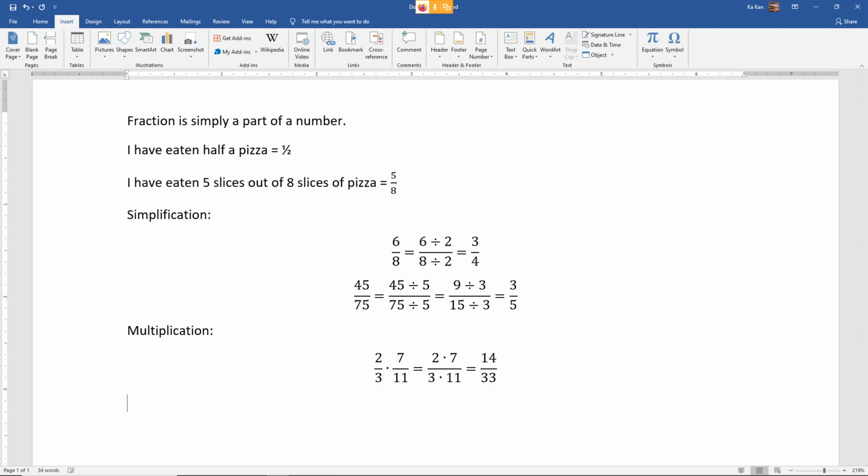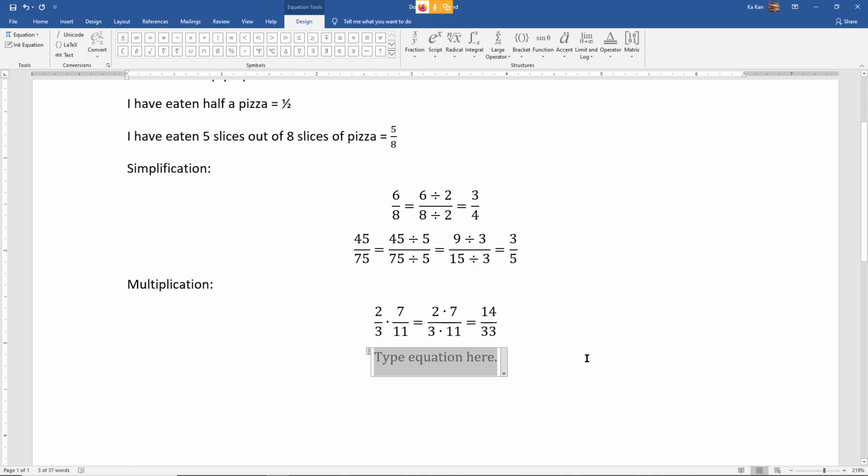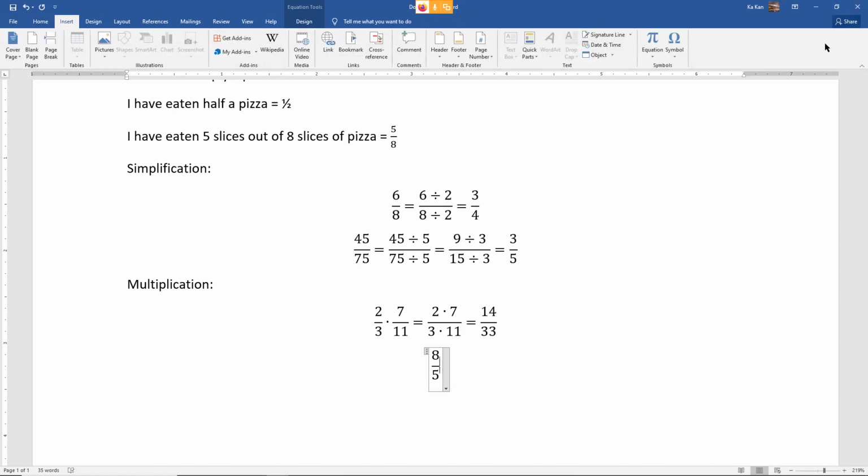However, what if I give you a problem that requires some sort of simplification? So, for example, if I have 8 over 5, times, let's say we have 15 over 16, just to make it a little bit easier.